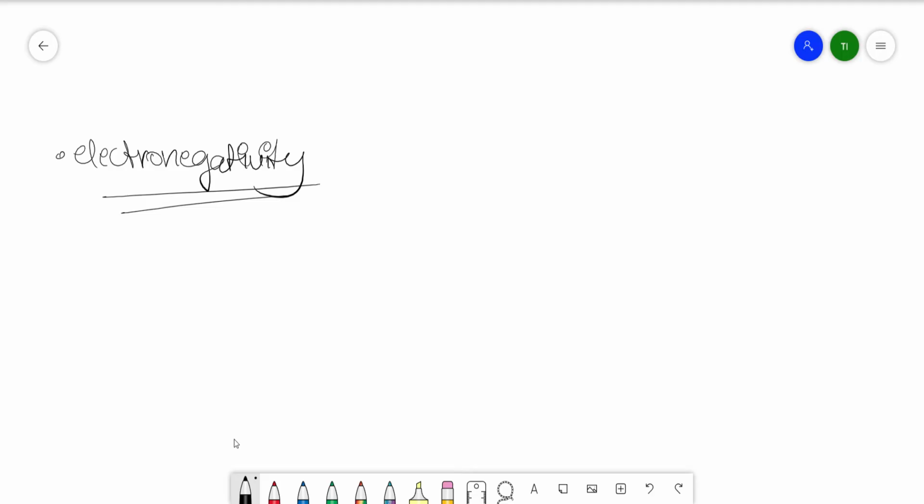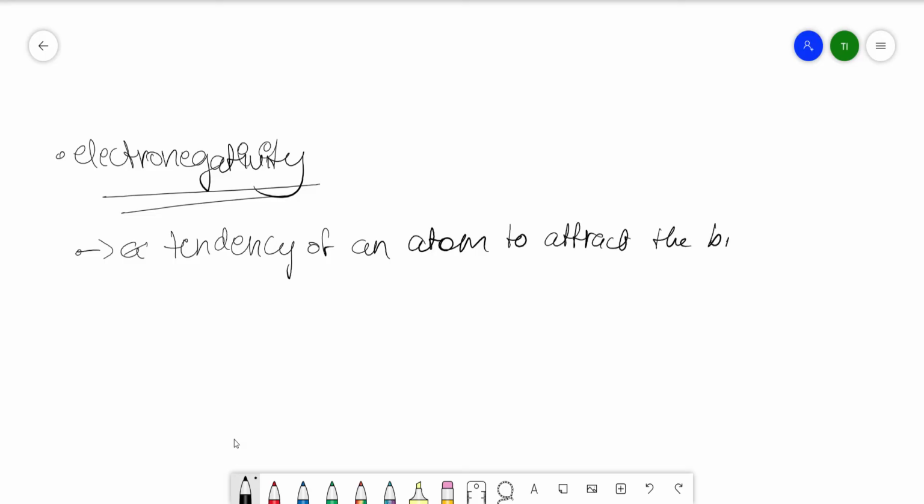And what electronegativity basically is, how to define it, is the tendency of an atom to attract the bond pair of electrons towards itself.